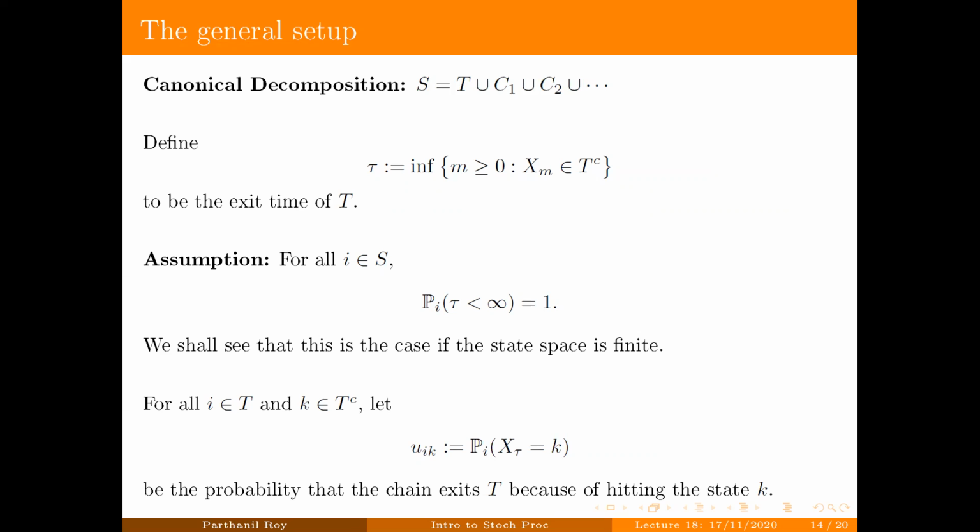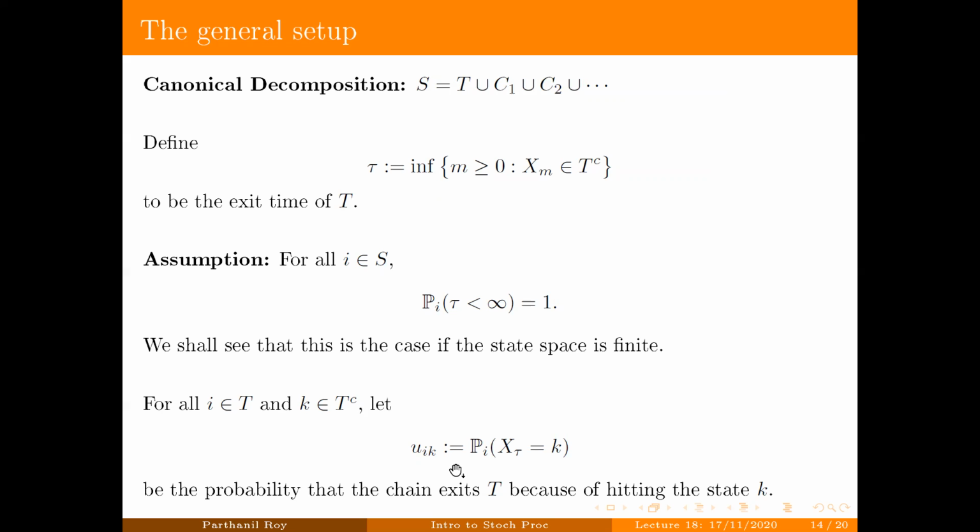And then we are going to define, for every transient state i in T and every recurrent state k, u_ik to be the probability that the Markov chain starting from i exits T by hitting the recurrent state k.